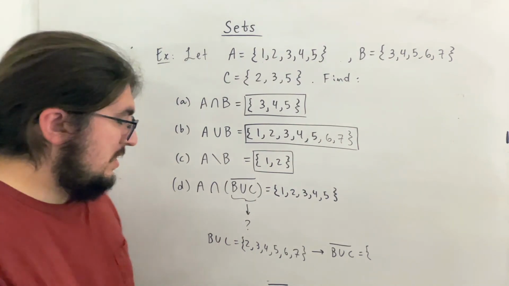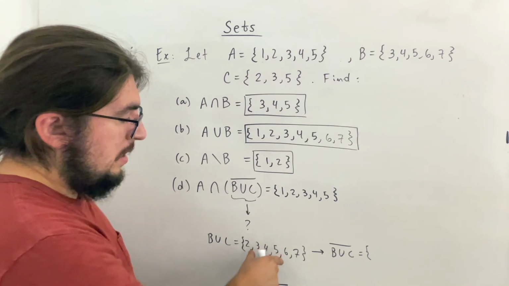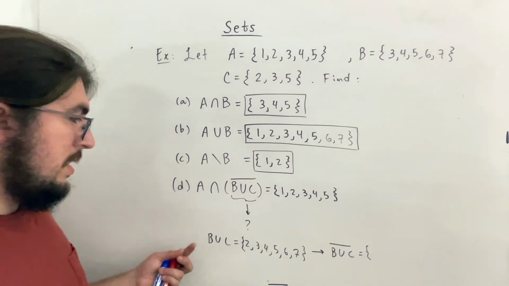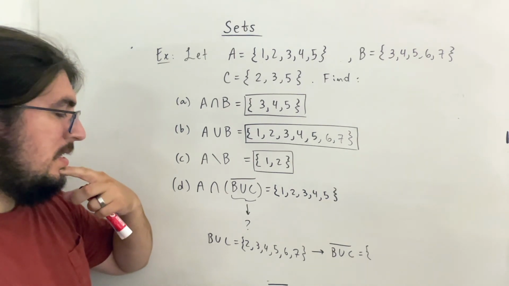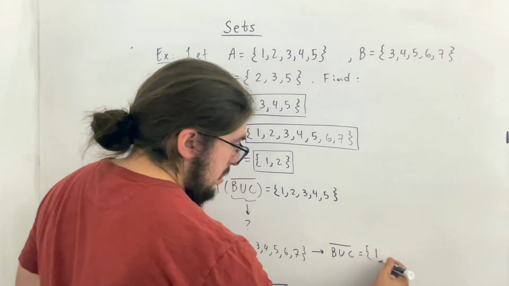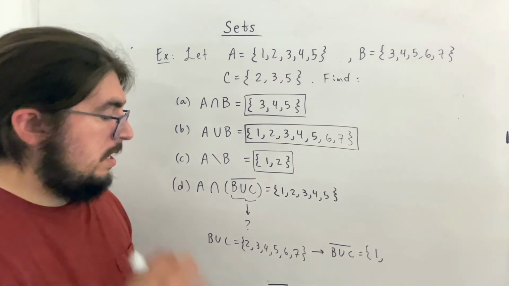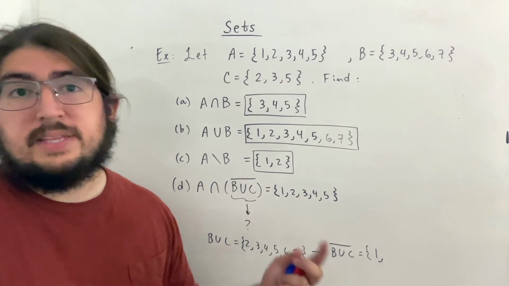Elements that are not in this set are other things you can possibly think of, but the weird thing for me is that I guess you can say 1 isn't in this, and then what else? Maybe 8, 9, 10, and so on. But that's assuming that our universe set contains integers. It can be everything else.